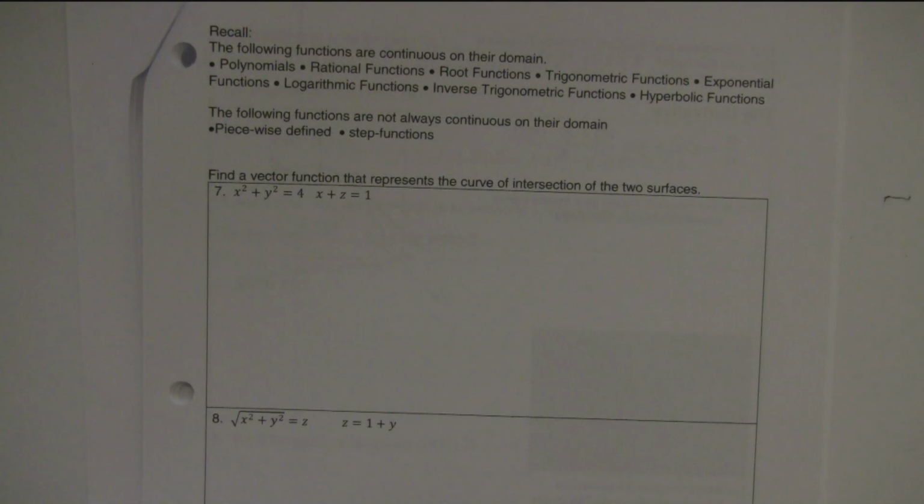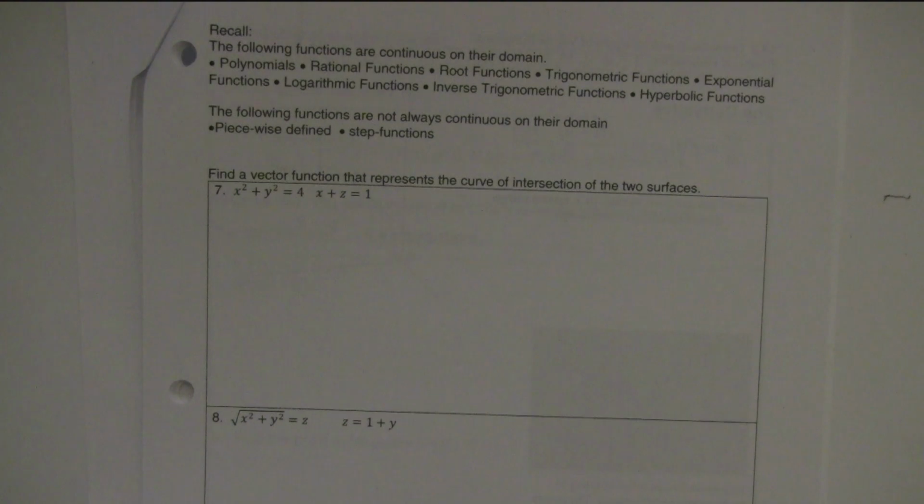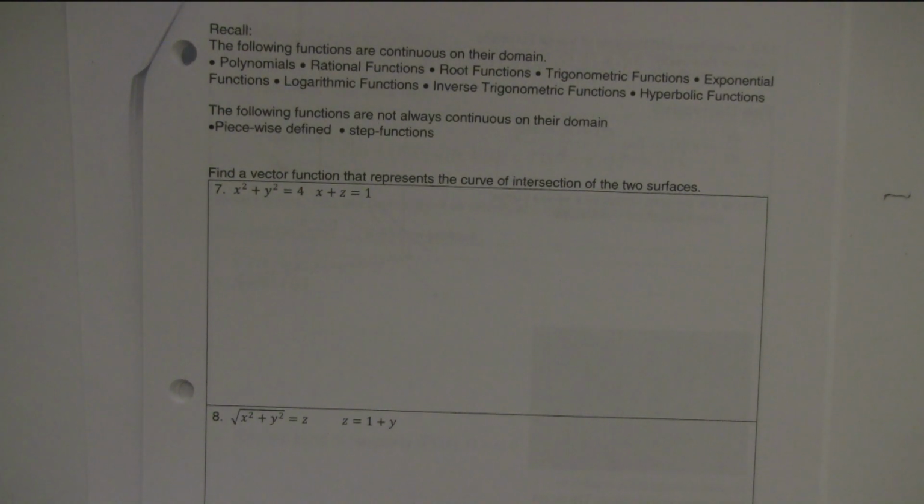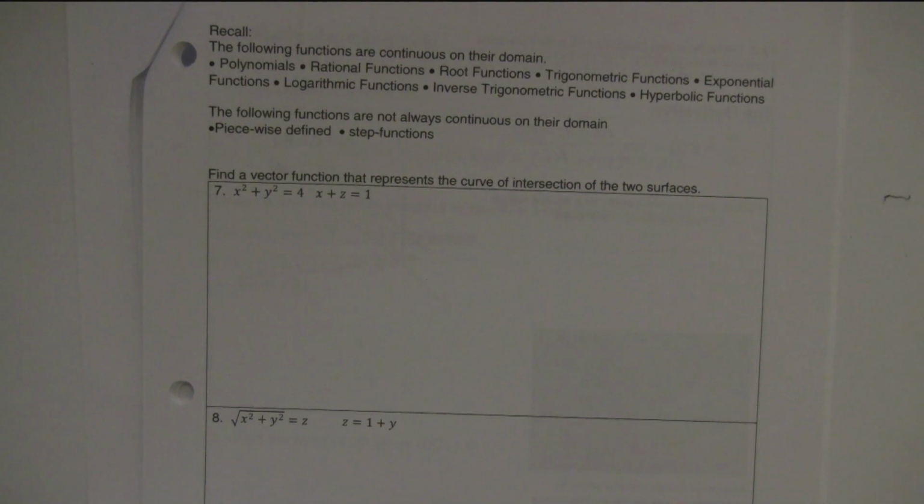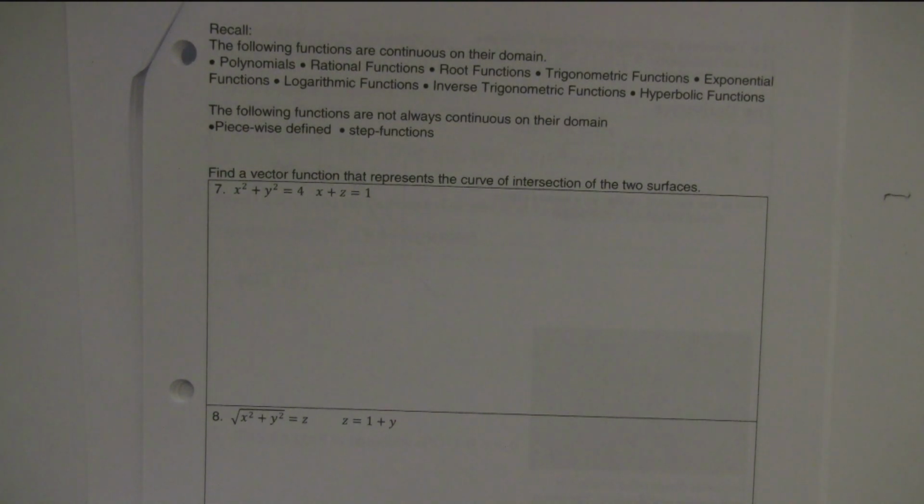The following functions are continuous on their domain: polynomials, rational functions, all of this we knew from Calc 1, root functions, trigonometric functions, exponential functions, logarithmic functions, inverse trig functions, hyperbolic functions. I guess those you learned in Calc 2. The following functions are not always continuous on their domain: things that are piecewise defined, and step functions.